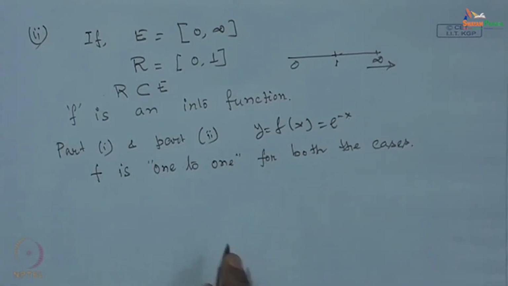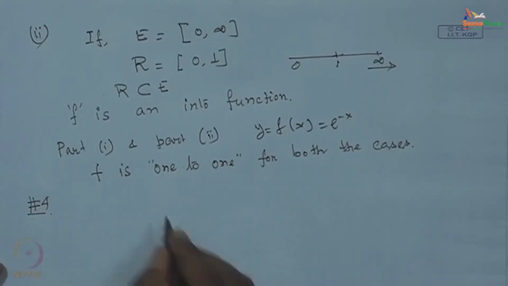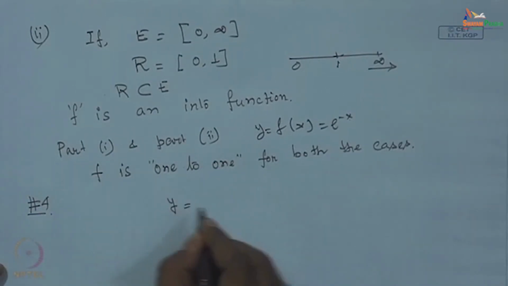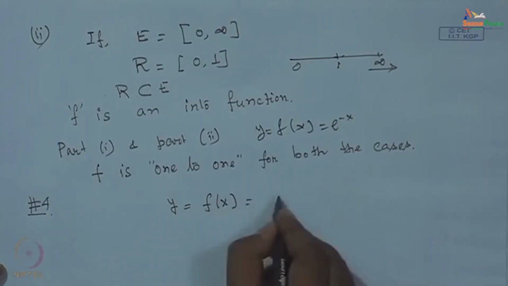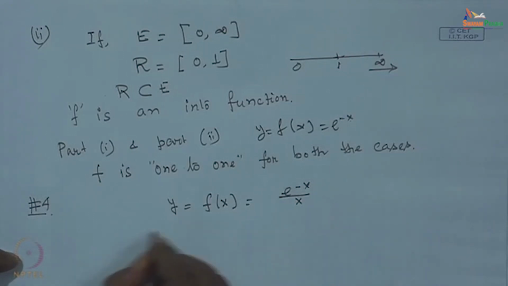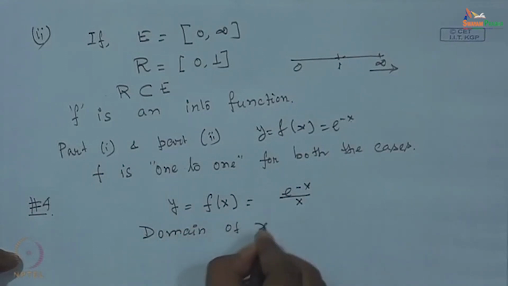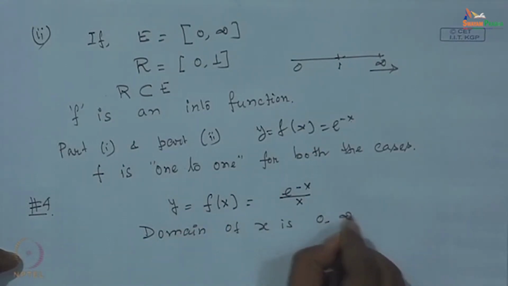Okay. So, let us move to the next problem. In this case our y is equal to f of x, and in this case it is e to the power minus x by x. So, there will be a singularity in this case, and the singularity is at x is equal to 0, and the domain of x is given as 0 to infinity.